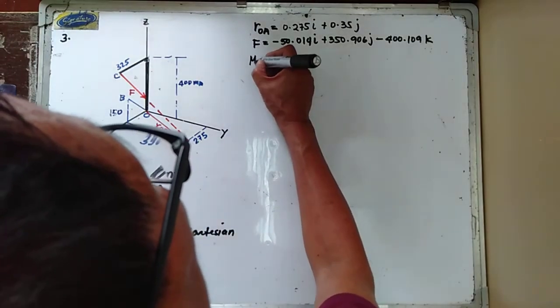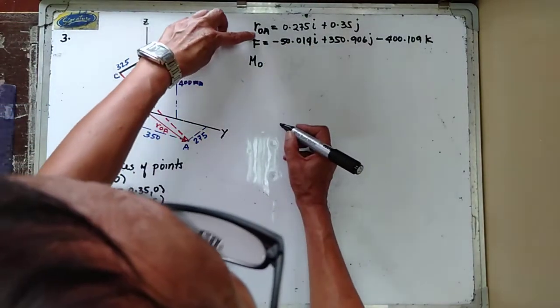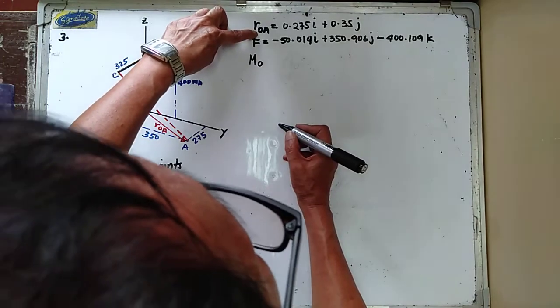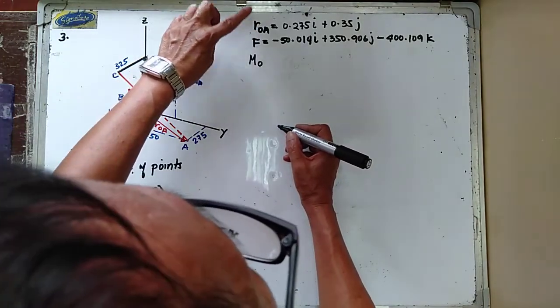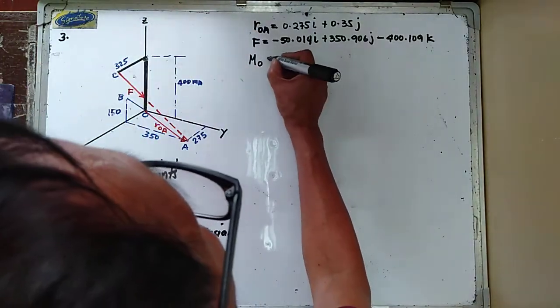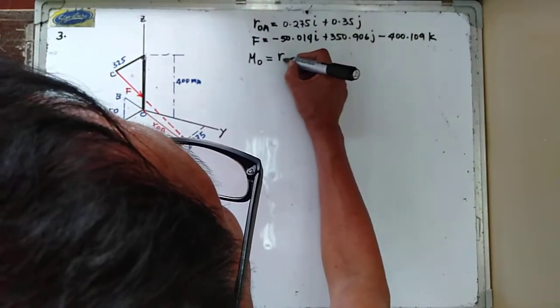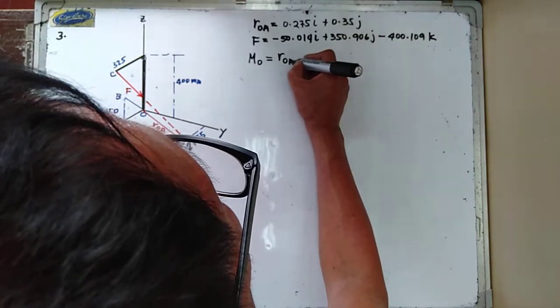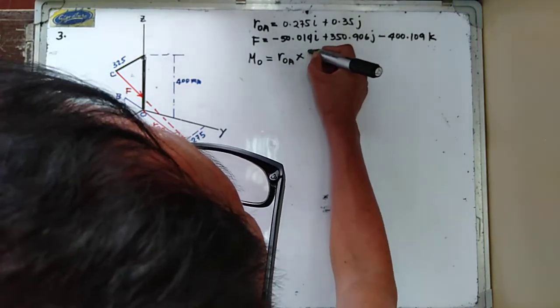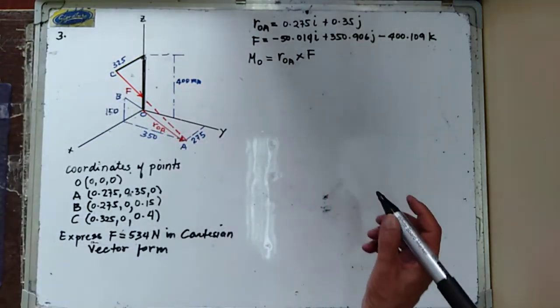Take note that point O is the moment center. So the moment of the vector about point O is equal to the cross product of the position vector and the vector itself.